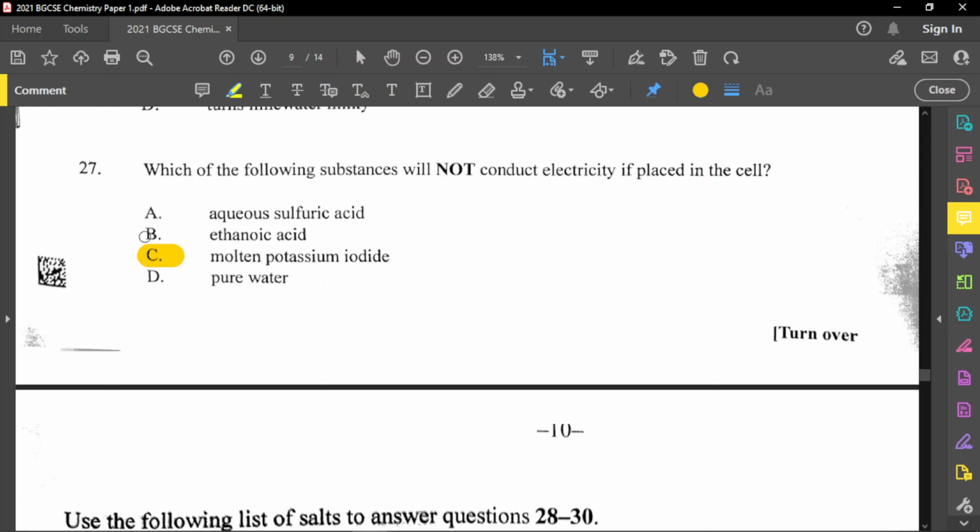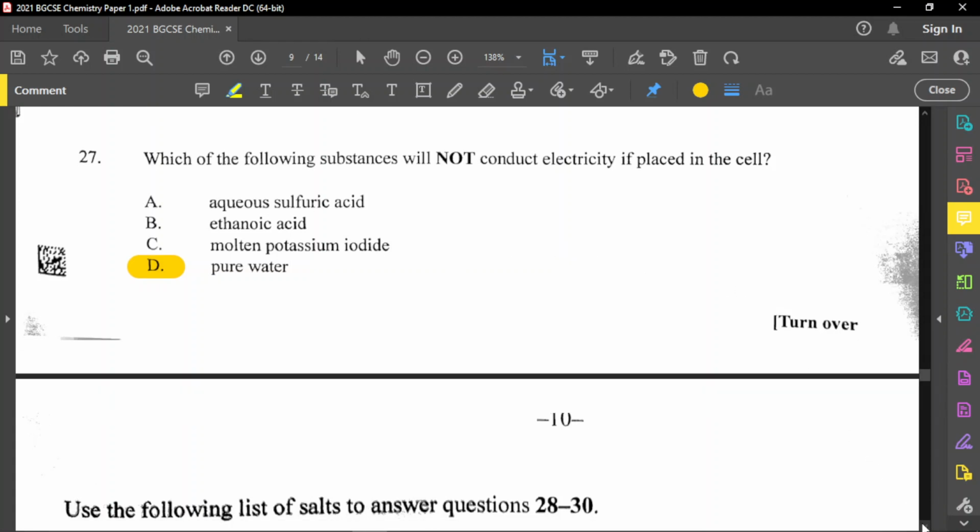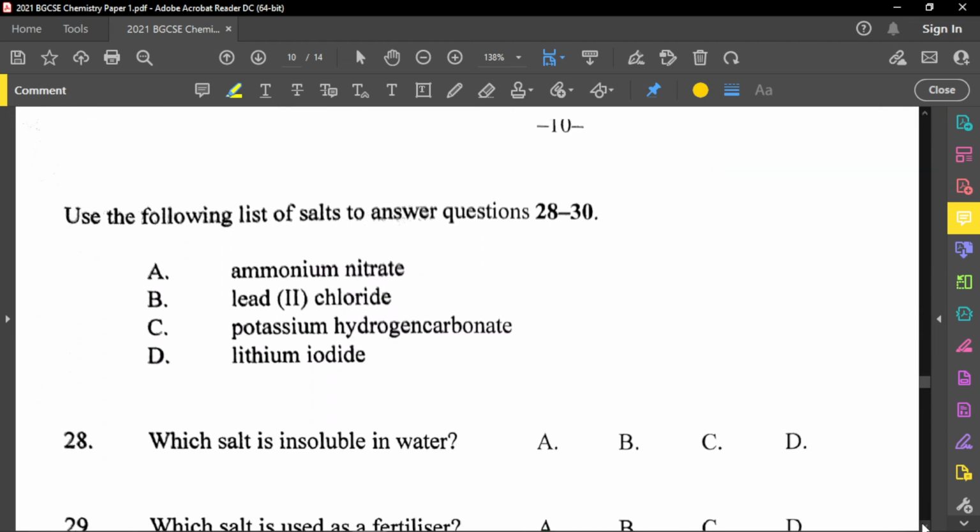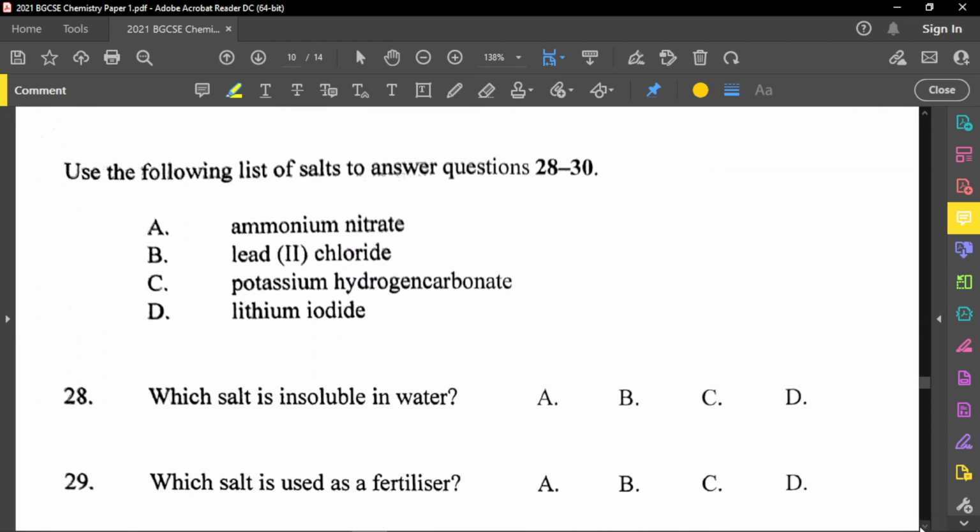Ethanoic acid will be good. But they said which is not. So the one that will not is pure water. Pure water is not able to produce those ions readily for electric current to flow in a battery or a cell. Actually, it will dilute the substance in it and make it weaker, and fewer ions will flow, so you have less current.